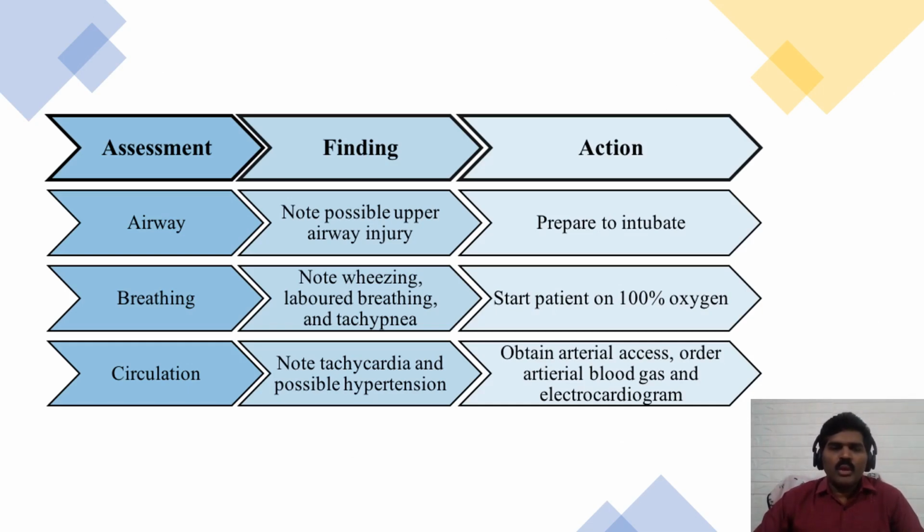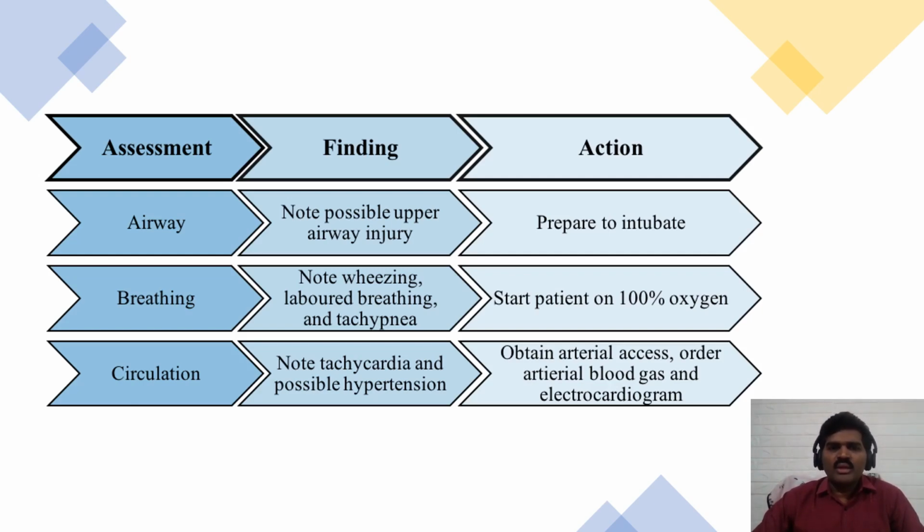Coming to them one by one. Airway: note possible upper airway injuries, especially in acid or alkali injuries. Prepare to intubate early, before any actual airway damage has occurred. Breathing: note wheezing, labored breathing and tachypnea. Start the patient on 100% oxygen and mechanically ventilate whenever needed.